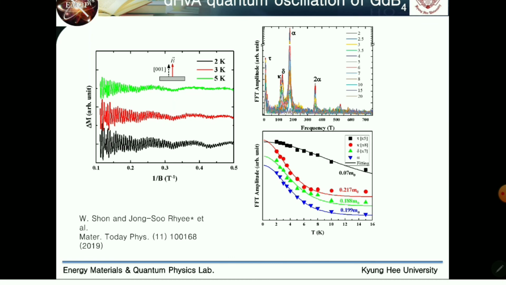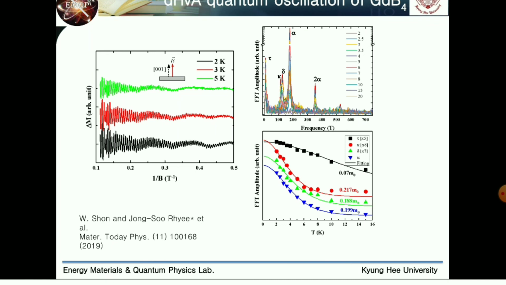The line is the Lifshitz-Kosevich formula fit, from which we can estimate the effective mass of carriers for each corresponding Fermi pocket. And as a further step, we can estimate the Dingle temperature, or the Dingle relaxation rate, relaxation time, or the mean free path.